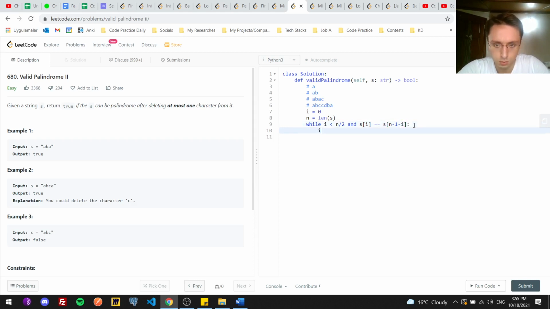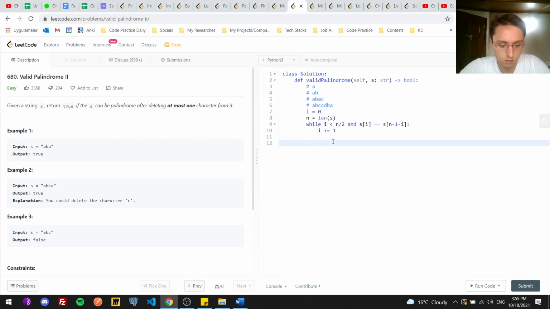If it's equal to that, we just increase i by 1, right? And after that, we look at two possibilities. At this point, they are equal, I increase i by 1, and I look, these are not okay.